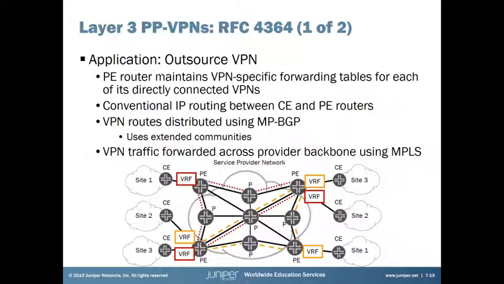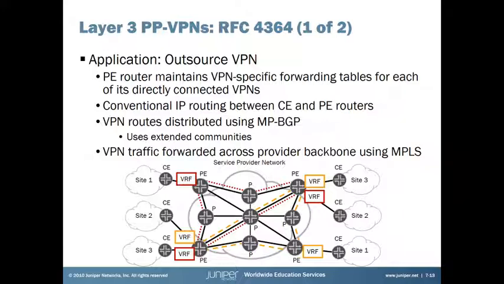Application, outsource the VPN. The router maintains VPN-specific forwarding tables for each of its directly connected VPNs. So here we have these things called PE, Provider Edge, and CE, Customer Edge routers. We've looked at those before when we were talking about MPLS generally, but now when we're talking about VPNs, it is the Provider Edge routers that maintain customer-specific VPN information.